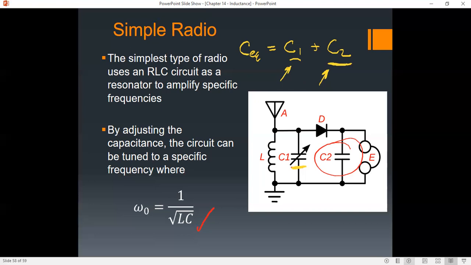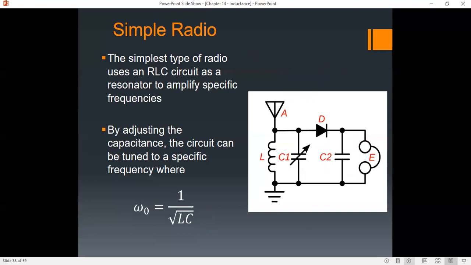We think about, okay, all frequencies are coming into this antenna, but only the frequencies that match the resonant frequency of the RLC circuit are the ones that are going to produce an oscillation. So it basically has a resonance which will only allow it to oscillate at the tuned frequency. So that is the basis for the radio.